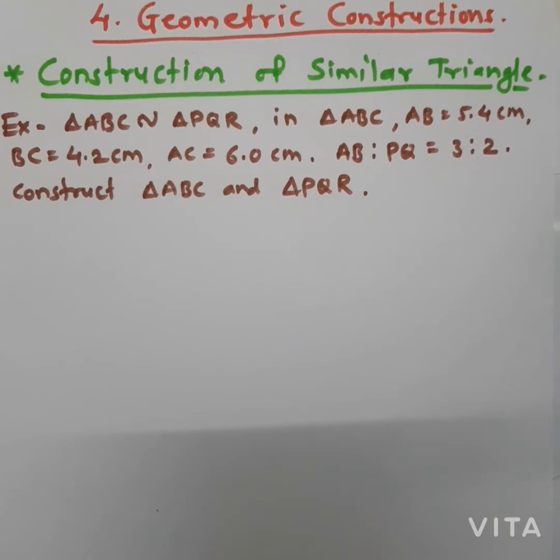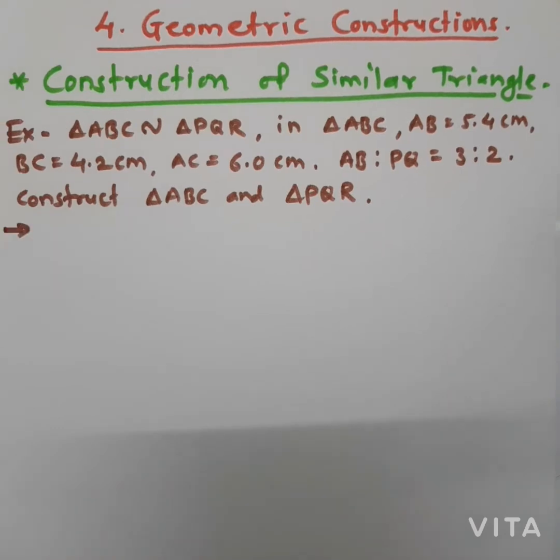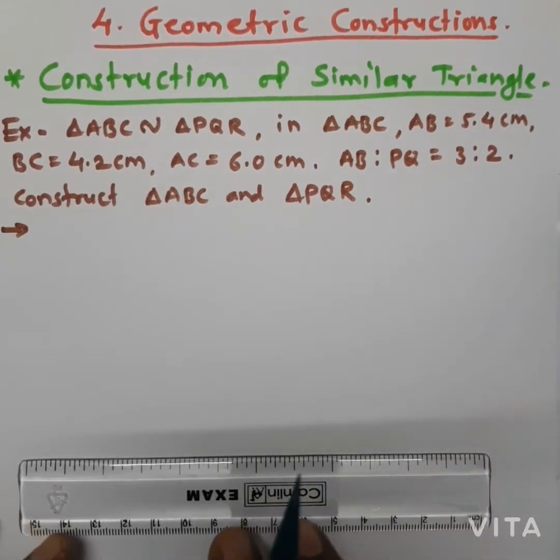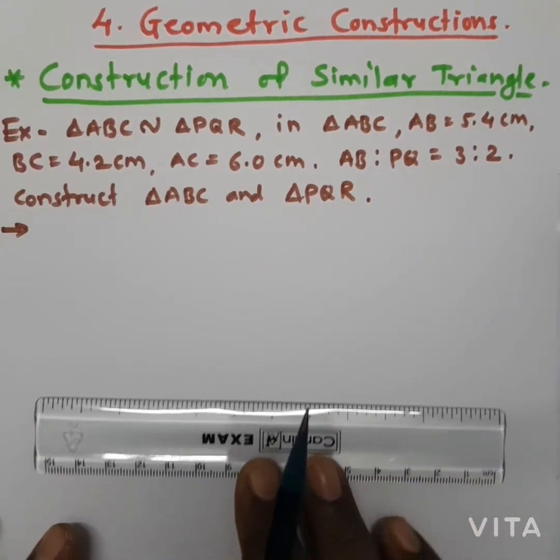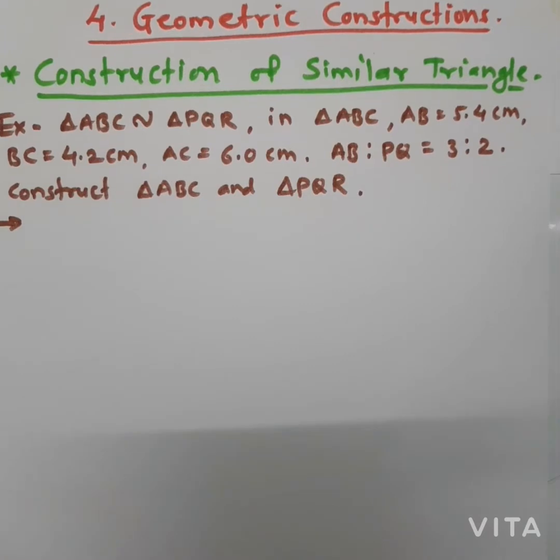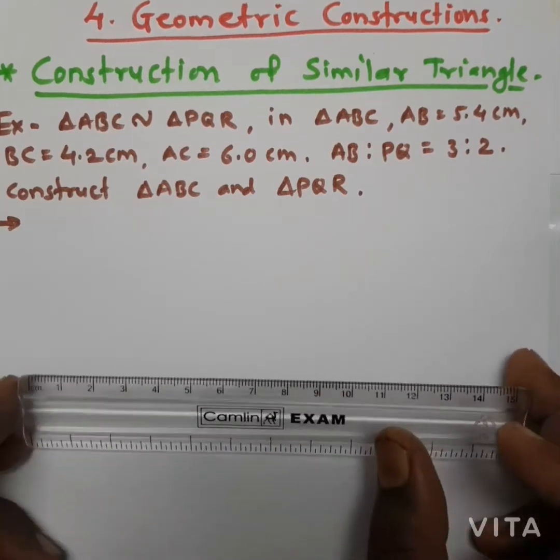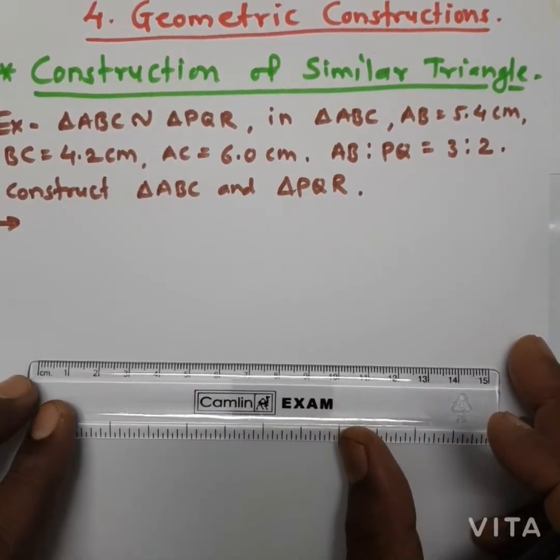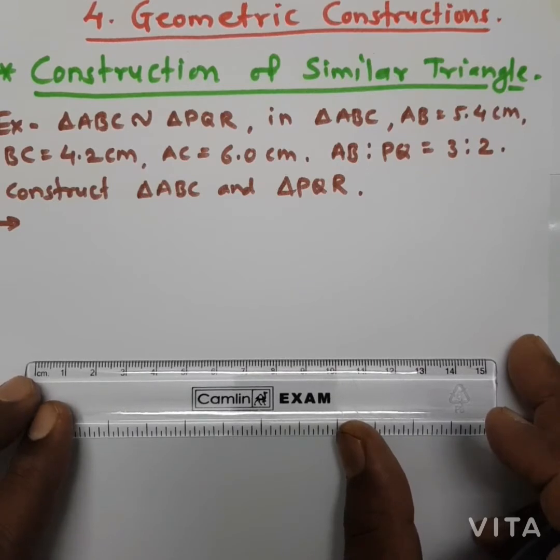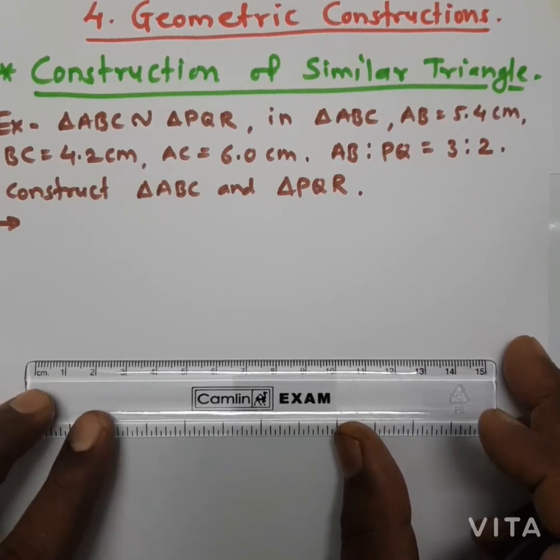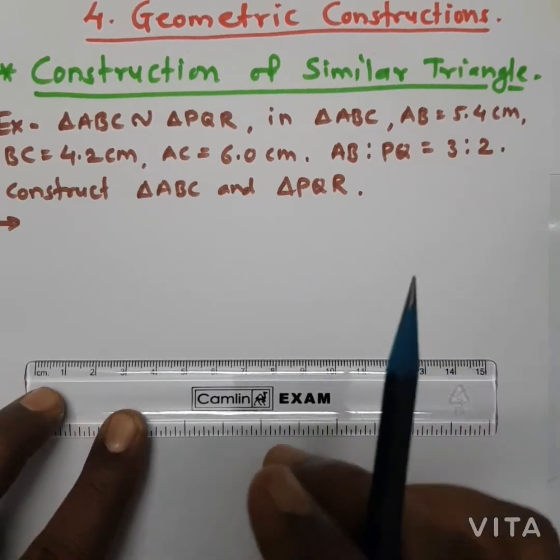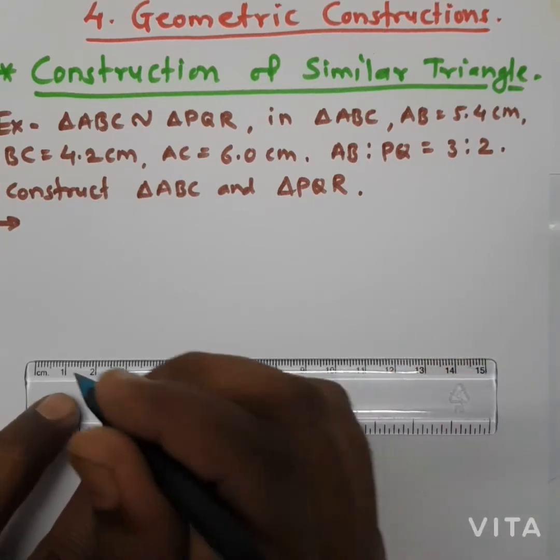First, we will draw a rough figure. For a rough figure, there is no need to measure the lengths of sides, but the lengths of sides should be near about and in proportion. See here, first side AB is given.